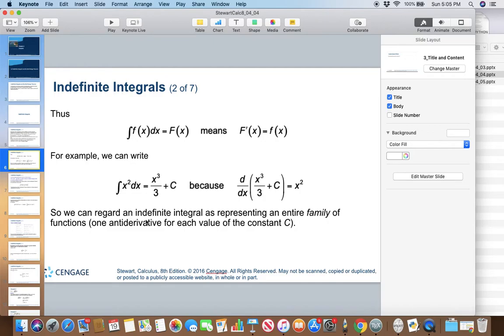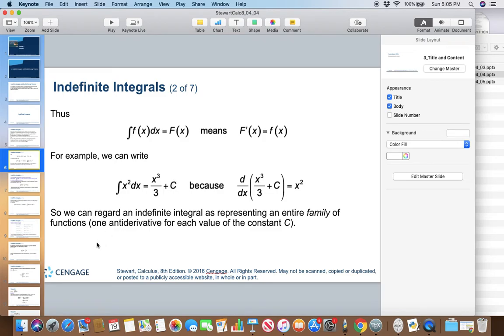So we can regard an indefinite integral as representing an entire family of functions, one antiderivative for each value of the constant c. I hope you understand what it means to say family of functions. If c were 5, you get one function. If c were 6, you get another function. C equals 10, yet another function.